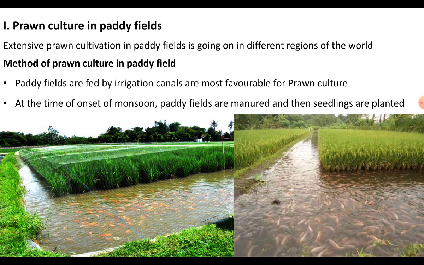At the onset of monsoon, paddy fields are manured and then seedlings are planted, and these paddy fields become ideal for the culturing of prawns. This picture shows the culturing of prawns in the paddy fields.